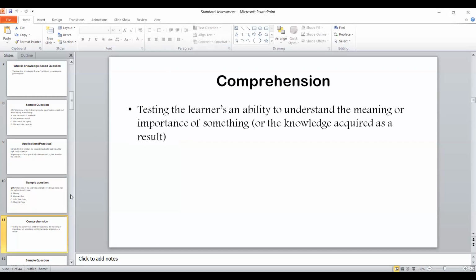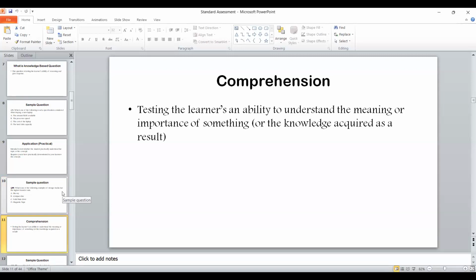Comprehension questions. Now, we go back to the notes the student has, and you must check whether they really understand when you are teaching. Because when we talk about cloud computing, does the student have an idea?